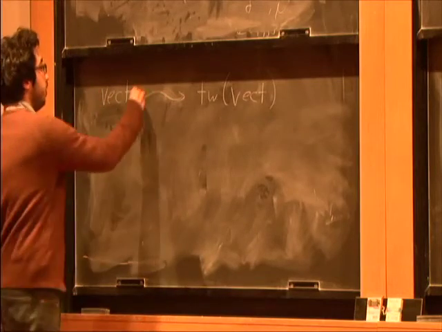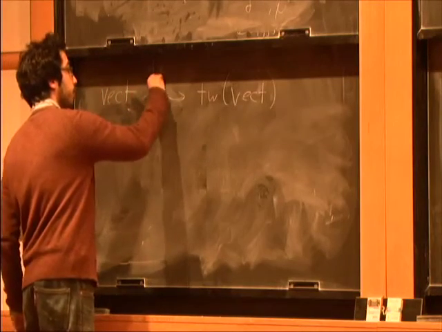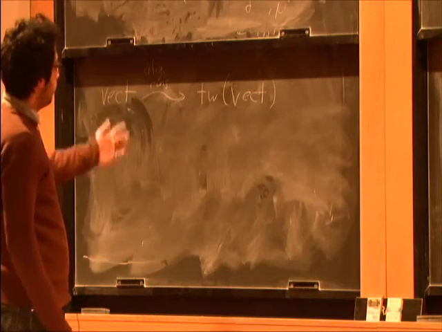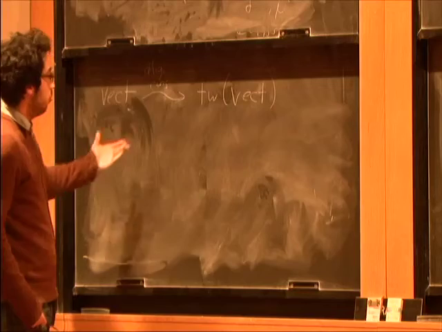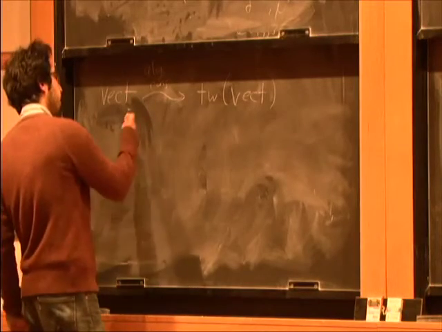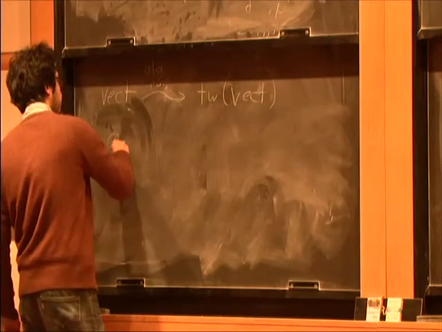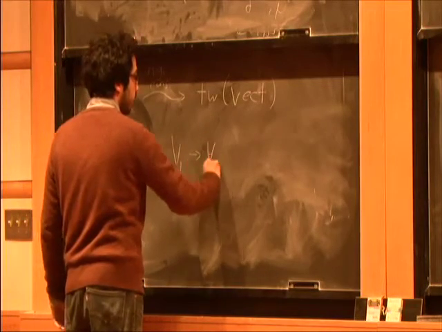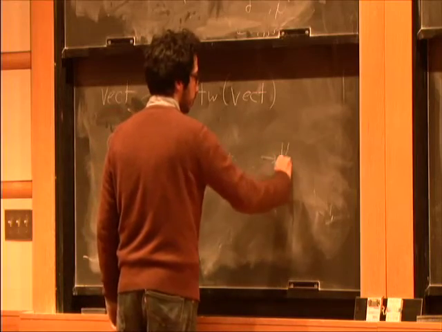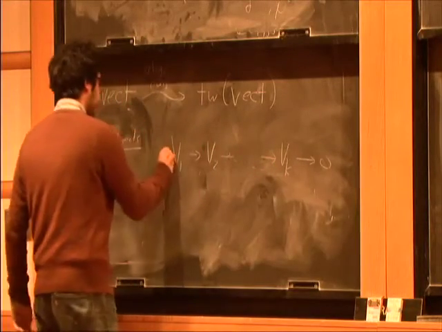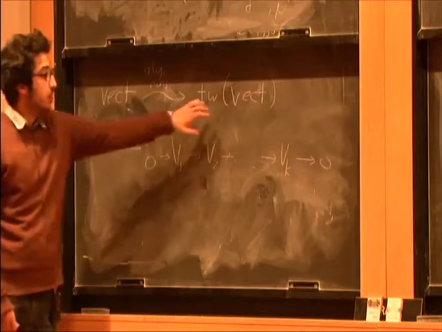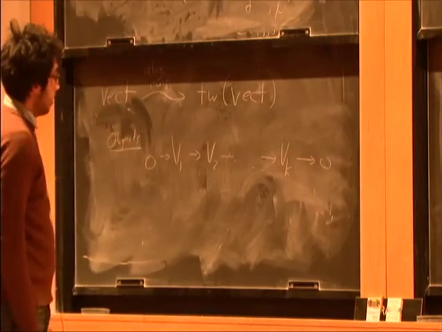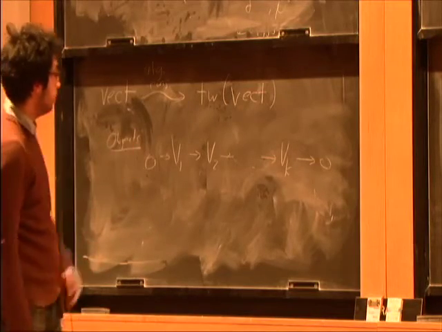This is a purely algebraic construction, and we will not really worry about it too much, but basically, objects of this thing are chains of vector bundles, and it might be a little bit more complicated than this.